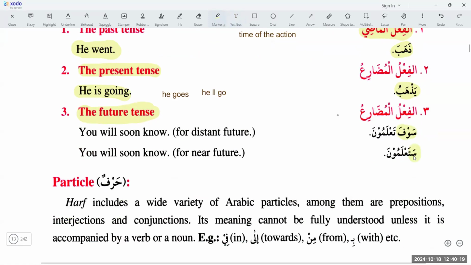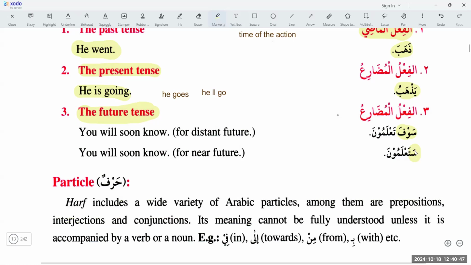If there is a sawfa or sa, then we cannot translate it in the present tense. We call it a particle of futurity. We can only use this in the future tense, so it specifies the future tense.